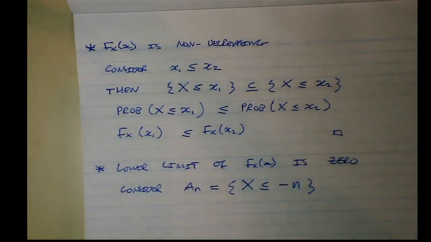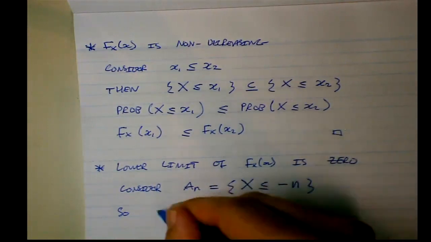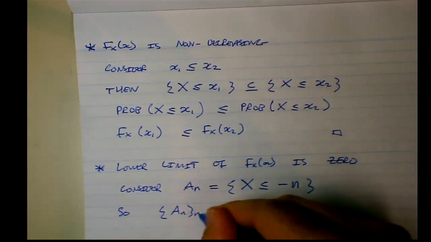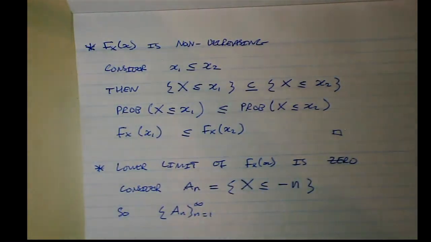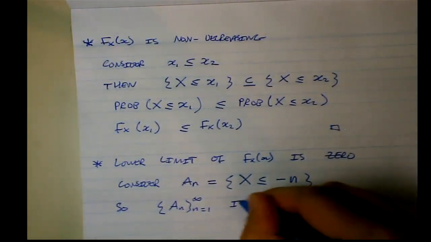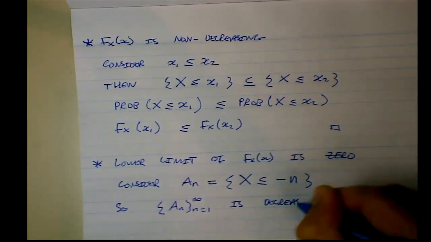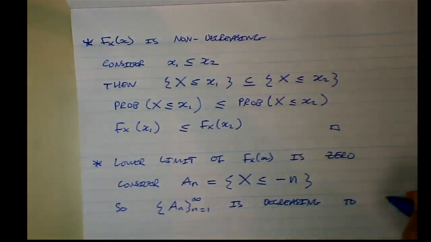That's an event A_n, for n from 1 to infinity. That sequence of events, if I define them that way, is decreasing to the empty set.